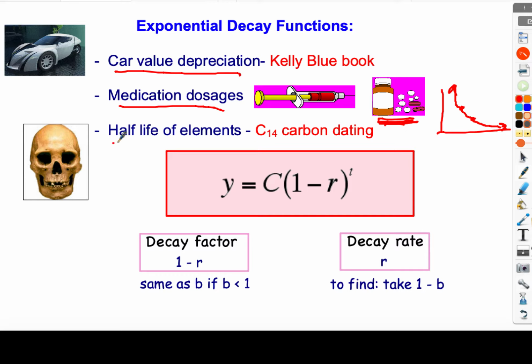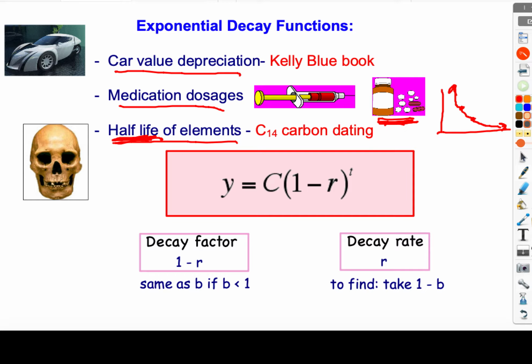And it really helps for half-life of elements. Like if you have carbon-14 or even uranium or plutonium, those scary radioactive decay things, they're scary because they have what's called a half-life. After a certain amount of time, half of that element will always be there.